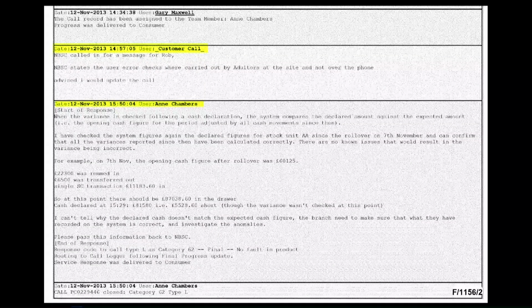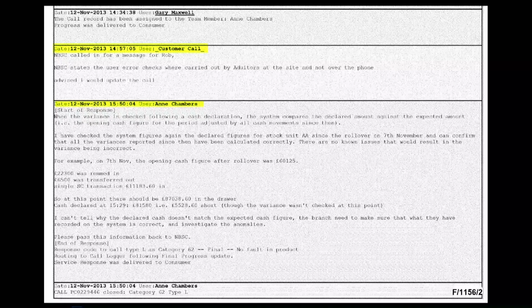For example, on the 7th of November, the opening cash figure rollover was £60,125. £22,300 was remmed in, £6,500 was transferred out. Single SC transaction for £11,183.60 in. So at this point, there should be £83,038.60 in the drawer.